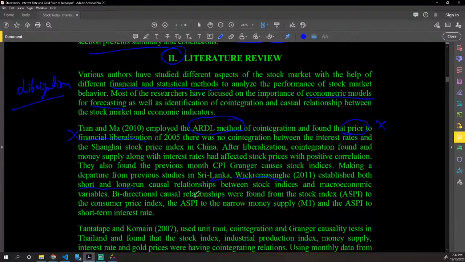And then bidirectional causal relationships were found from stock indices to consumer price index. Whereas in this case, CPI is the cause for stock indices, right? Changes in stock, right? So in this case, there was a bidirectional kind of thing, and then the ASPI to the narrow money supply and ASPI to short-term interest rate.